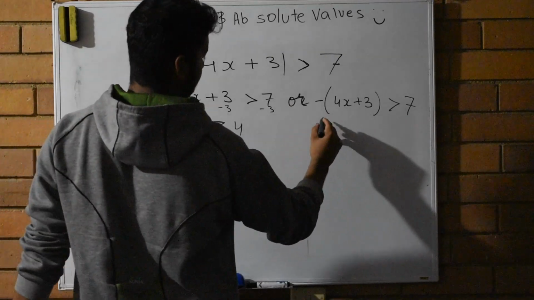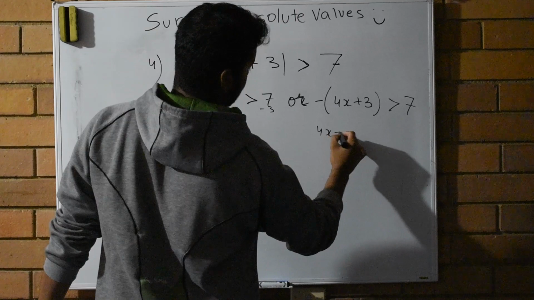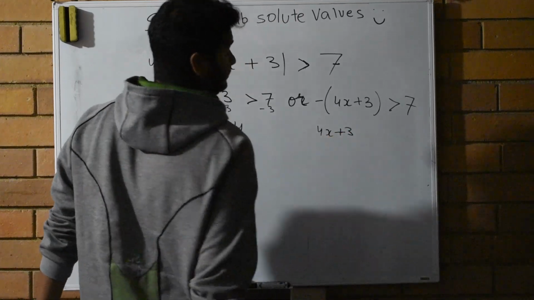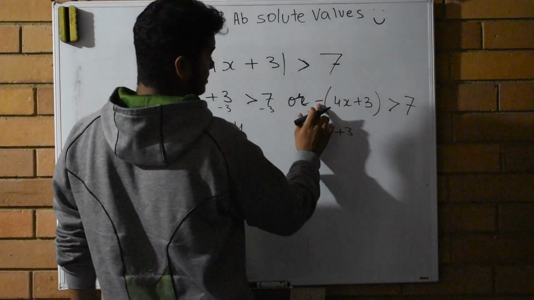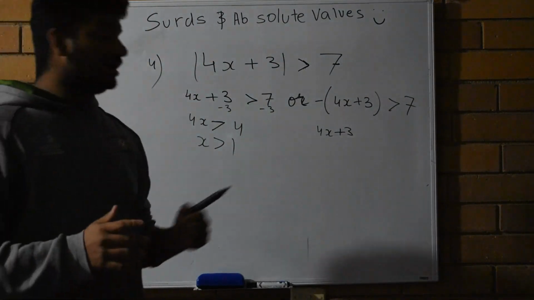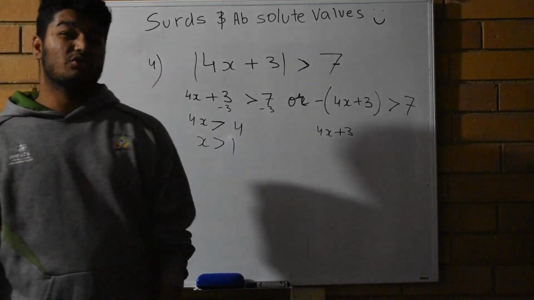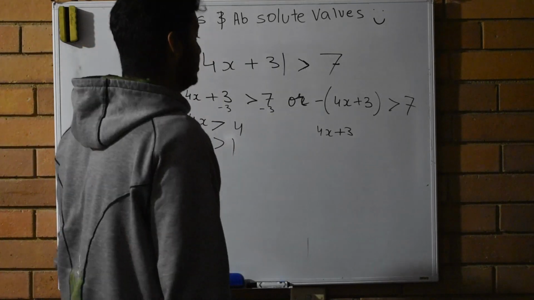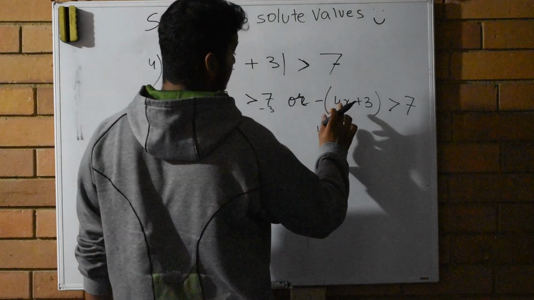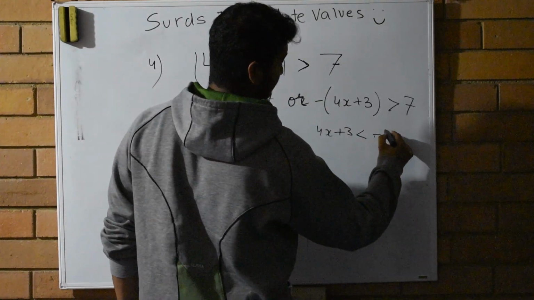Now over here, I'm just going to go, okay, so minus, so minus here, so 4x plus 3. Now, when there's a minus, the sign flips. The sign only flips in questions like these when you times by -1 or you divide by -1. So in this case, it'll be less than -7.